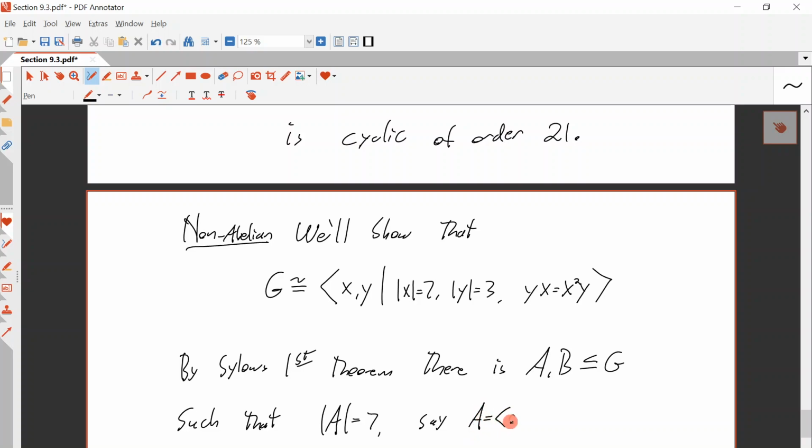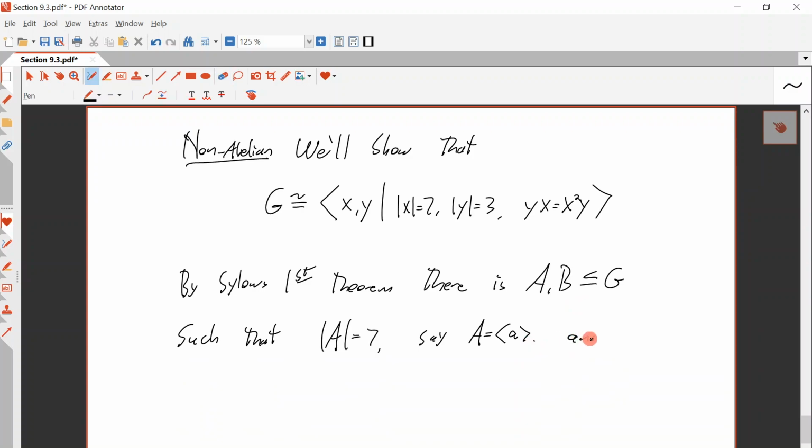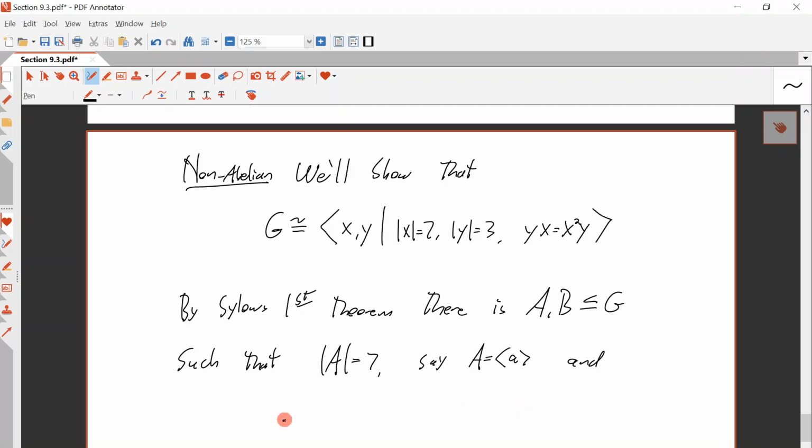So say A is generated by little a, and so that's the Sylow 7 subgroup. And a subgroup B of order 3, say B is generated by little b. All right, so A is order 7, little a is order 7, little b is order 3.